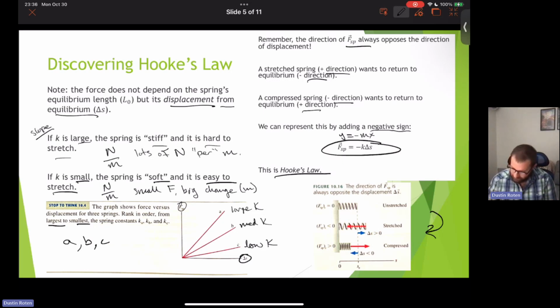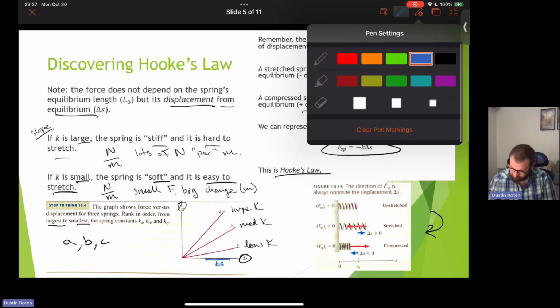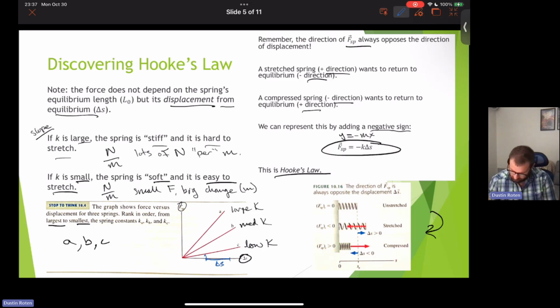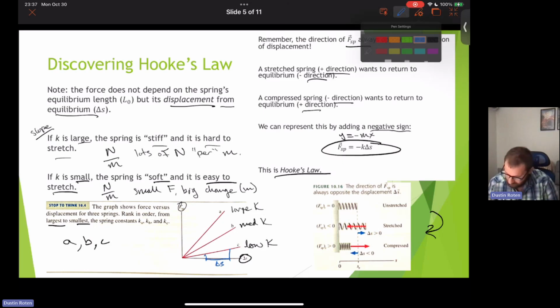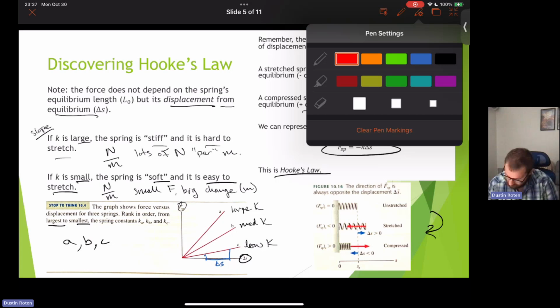So let's think about this. Let's look at C here. This is the one with the small spring constant. Remember, it's going to be a soft spring. If we take spring C here and we apply a huge stretch, we just stretch the crap out of it, look at what that's given us.